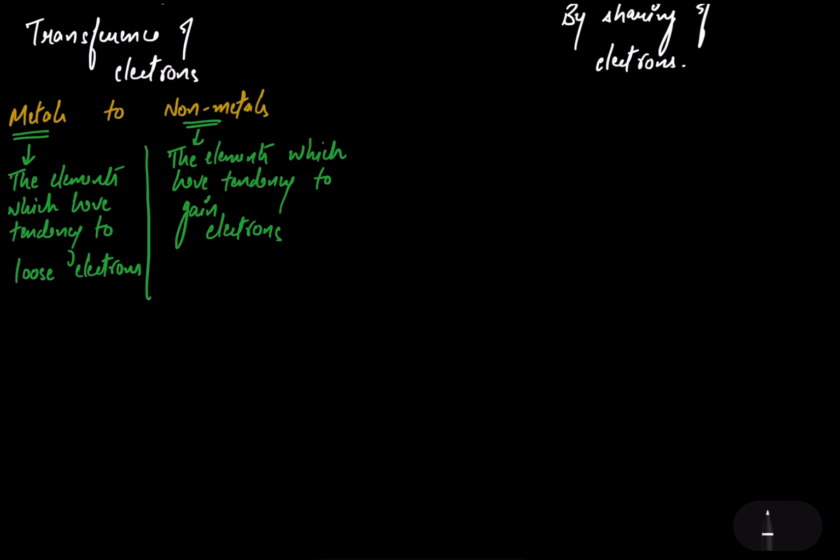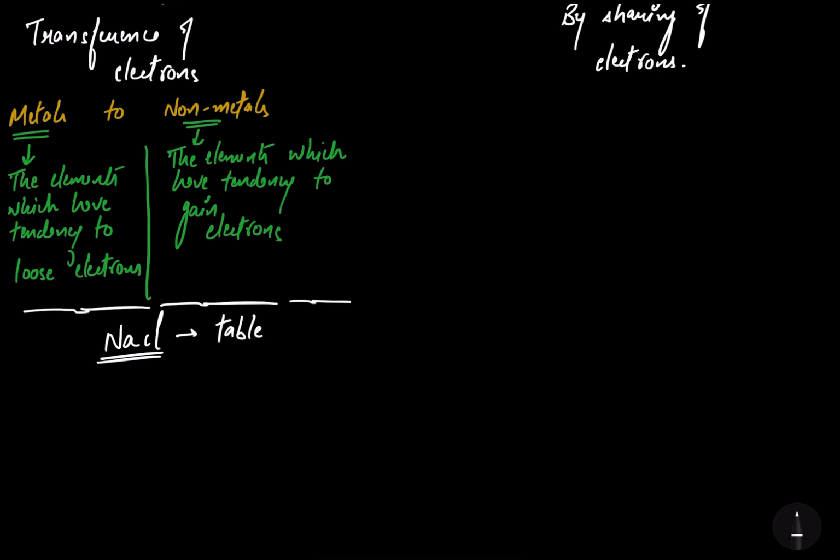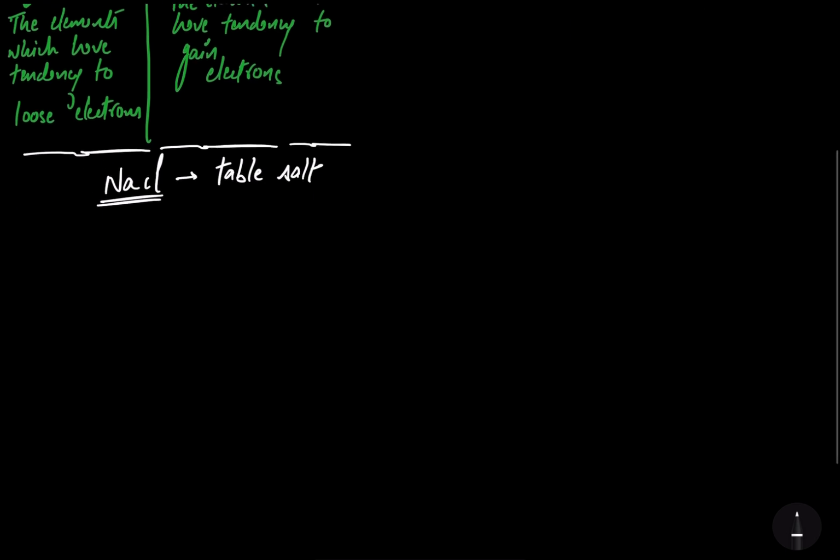Let's start from a very basic and simple example for the transference of electrons. That's sodium chloride, NaCl, the table salt which we commonly use at our homes. Now let's talk about sodium, and here I am writing chlorine. What's the atomic number of sodium? It's 11.